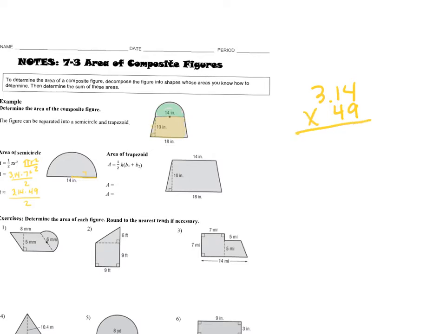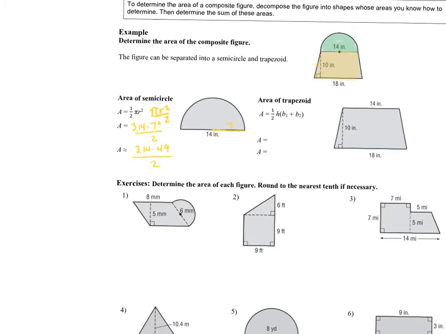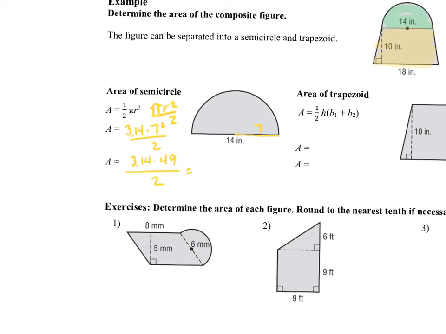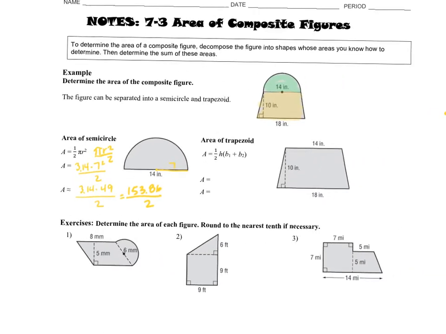Okay, so if I multiply that, I got 153.86. Okay, so if I bring that back over here, 153.86, I still need to divide it by 2, okay?